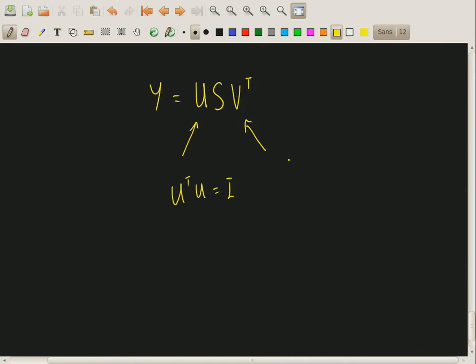Here's a nasty bit of terminology for you. If a matrix is orthogonal, this is true. But for a vector, for some bizarre reason, two vectors are orthogonal if that's true, and then the vector is said to be orthonormal if that's true.